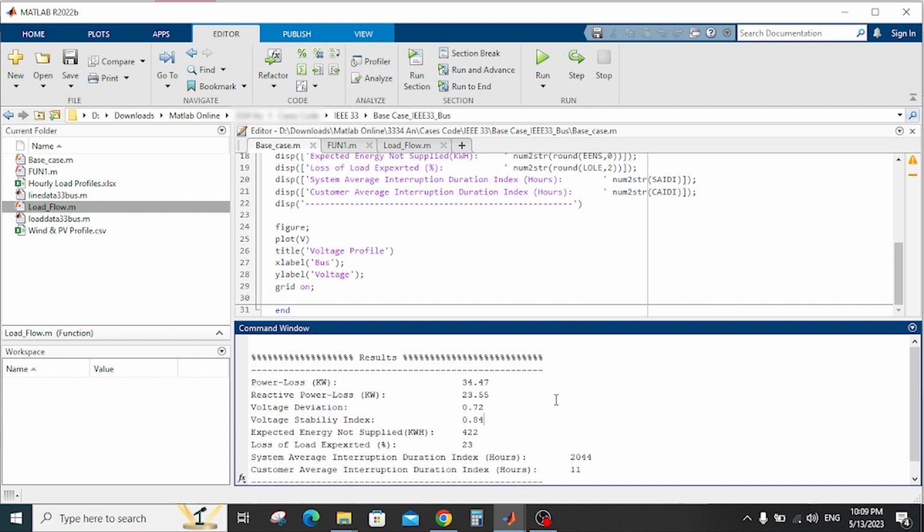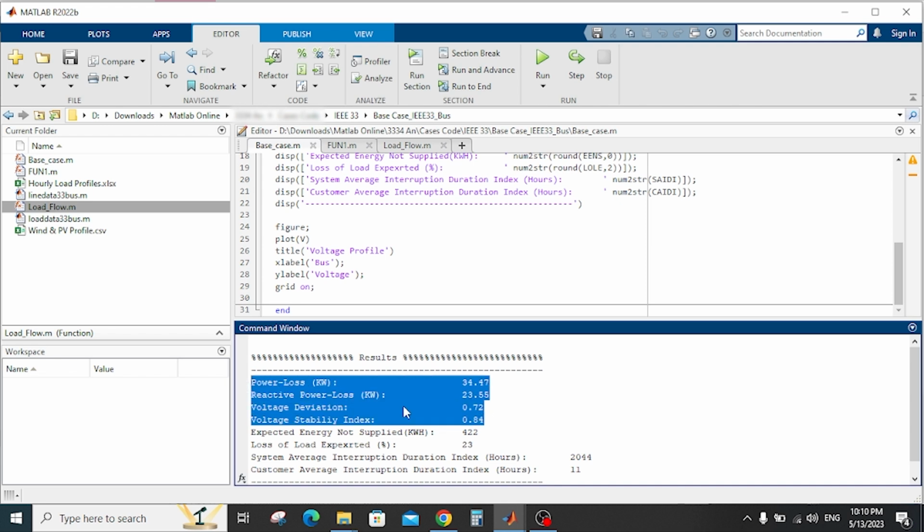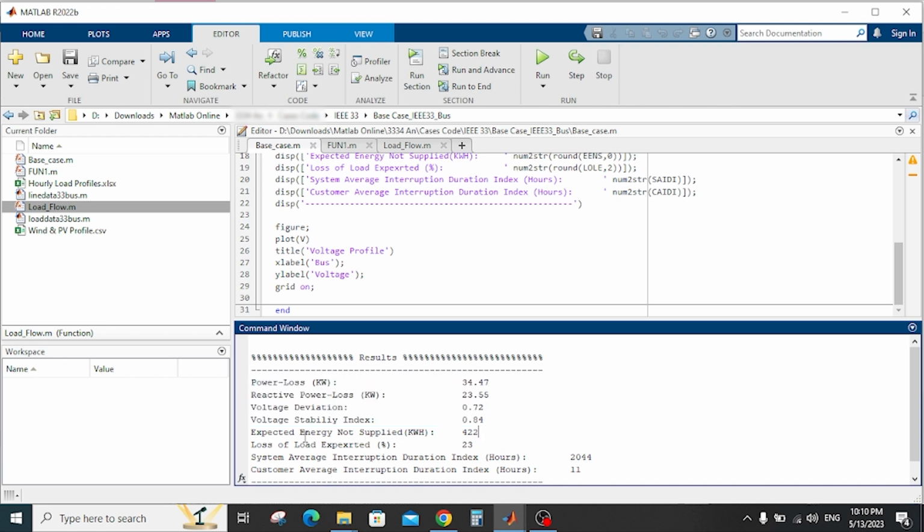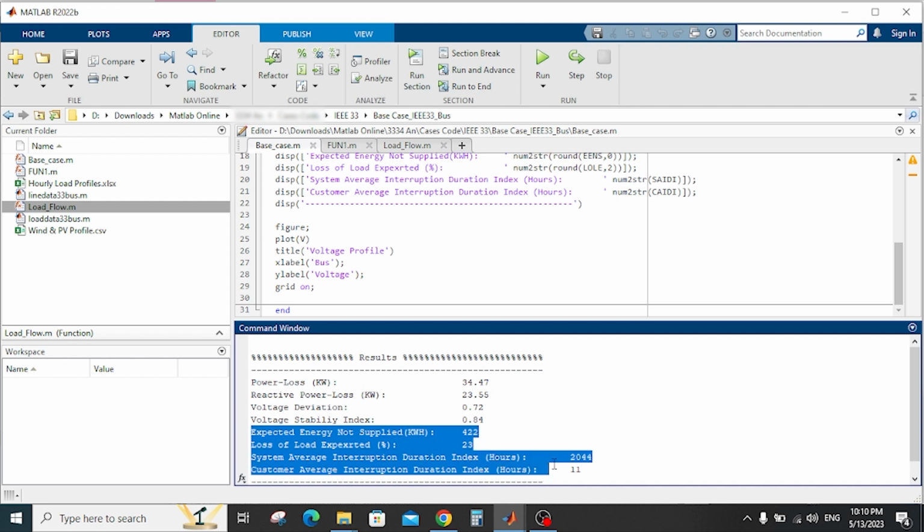The program will print the result now. As you see here, for the base case, the power loss is 34%, the reactive power loss 23%, the voltage deviation is 0.72, and then the voltage stability index. This is the average over the years, and this other one is the accumulated for the whole years.